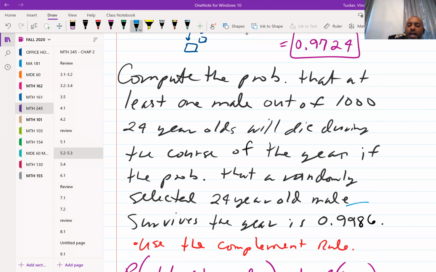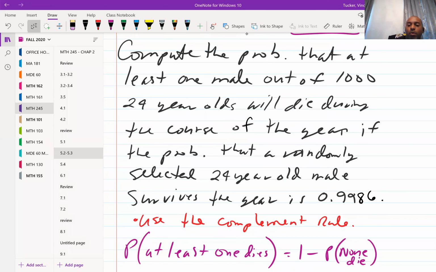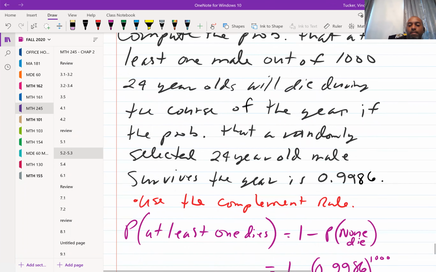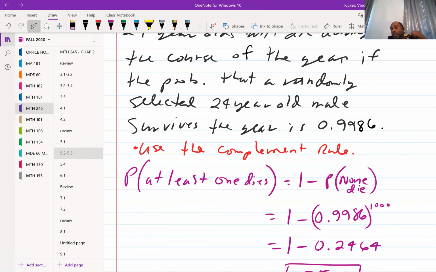We know 0.9986 represents that 24-year-old male surviving the year. If I raise that to the 1,000 power, that represents that none of them died. But we want the probability that at least one would die, so we do 1 minus the probability that none of them will die.